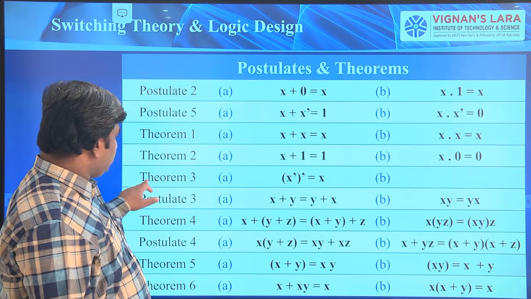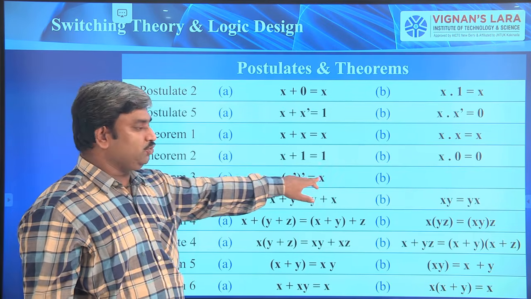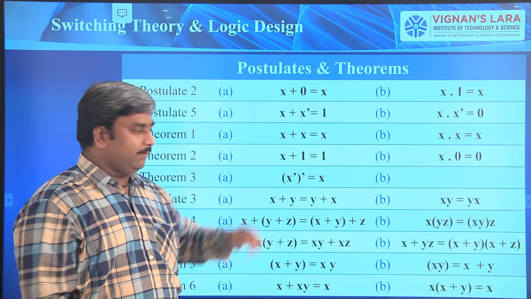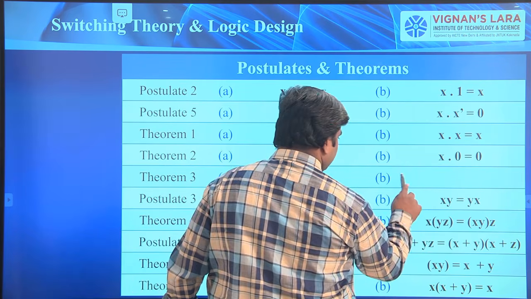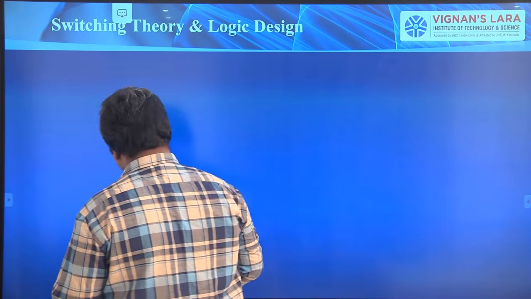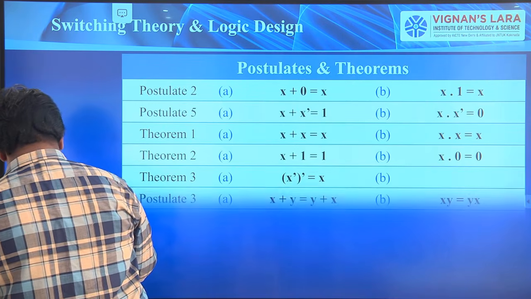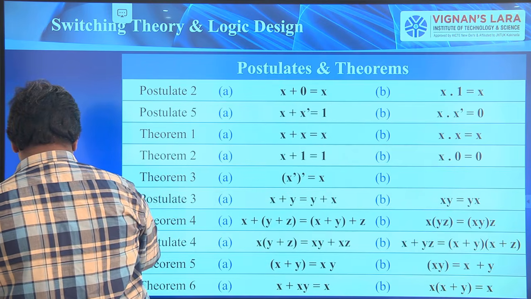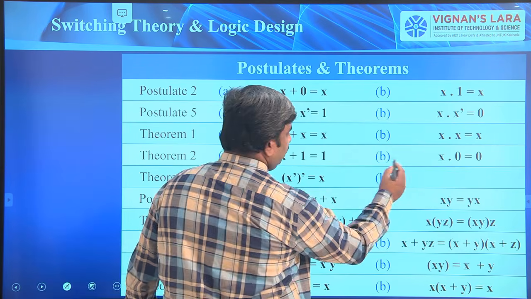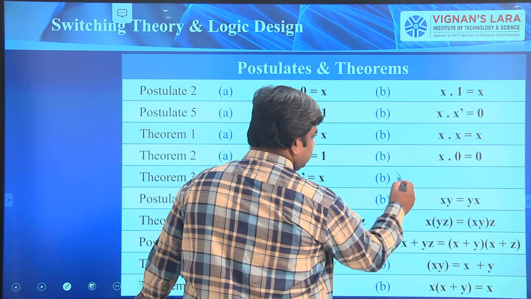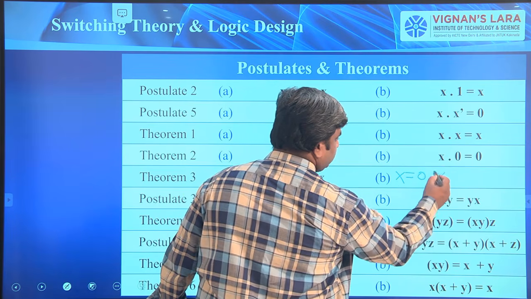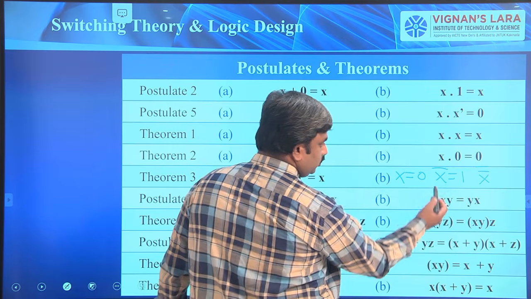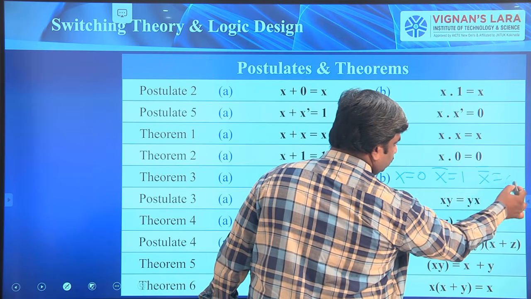Next theorem 3: x bar whole bar is equal to x. Here the theorem is representing x bar whole bar. For example, x is equal to 0, then x bar is equal to 1, right? x bar whole bar, so the complement of this one is equal to 0.